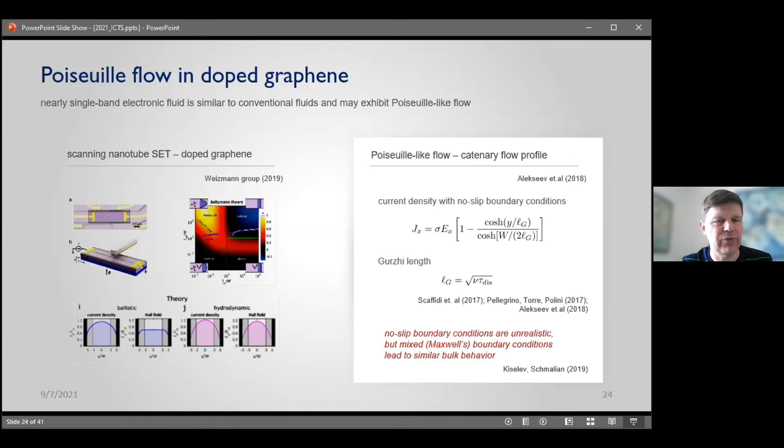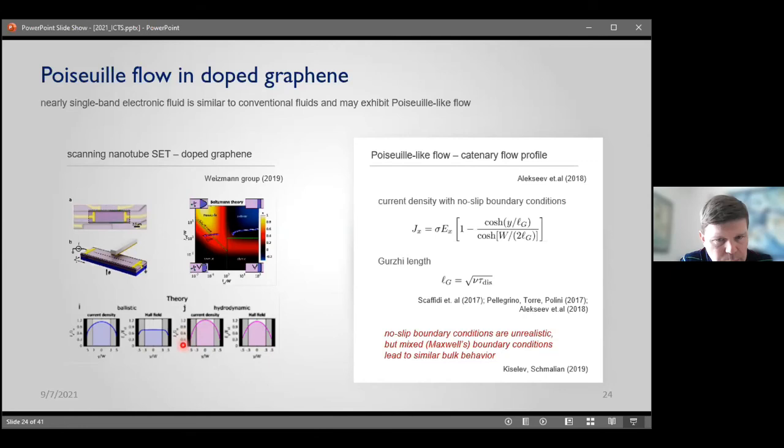And so there you have zero velocity at the edges. Now, in graphene, it's been calculated, again based on various kinetic approaches, that these no-slip boundary conditions are not really realistic. And in fact, it was also established experimentally that the mixed boundary conditions with a finite slip length are more appropriate.